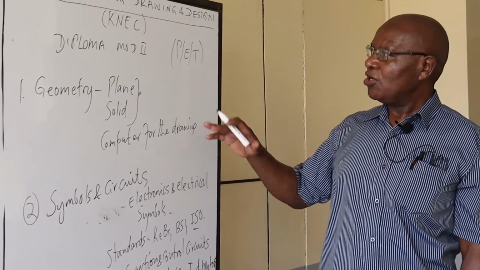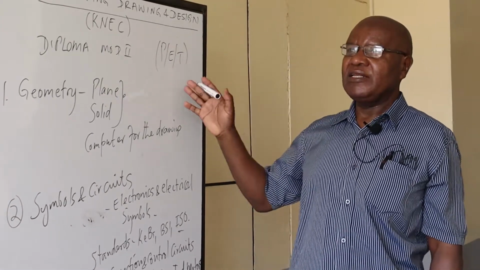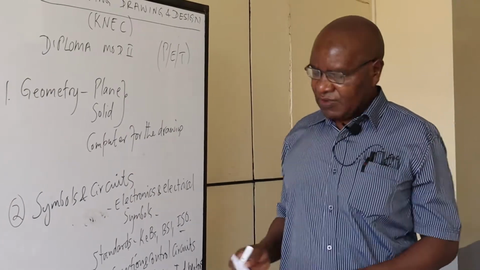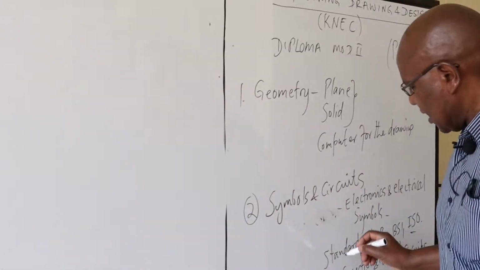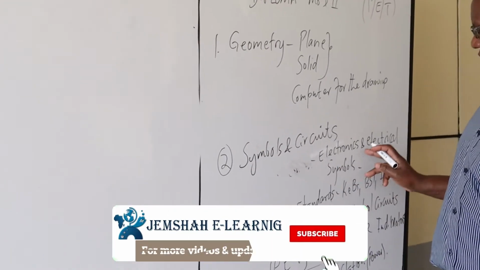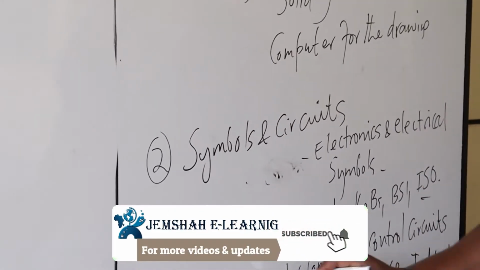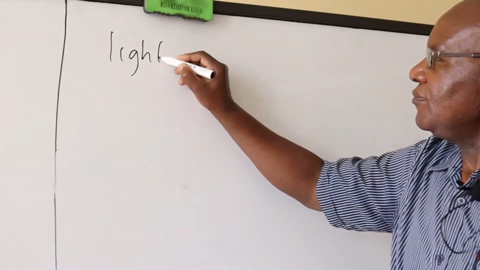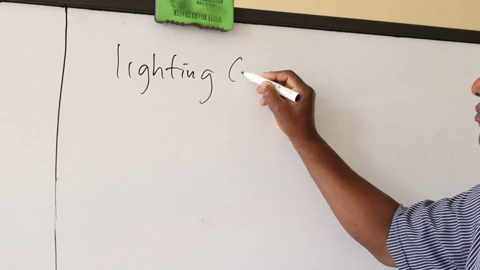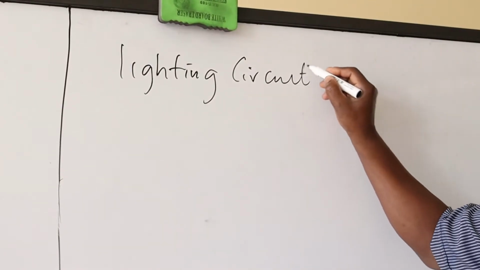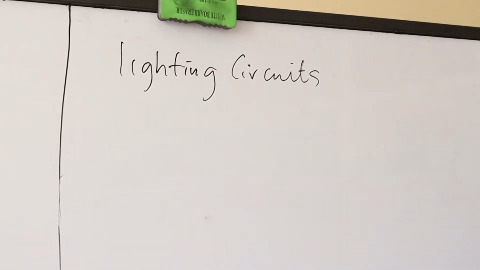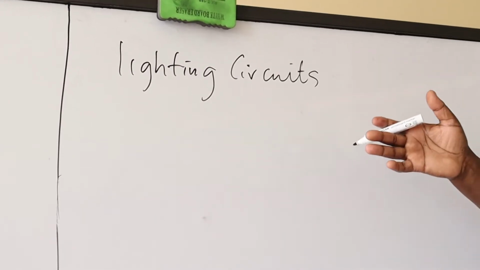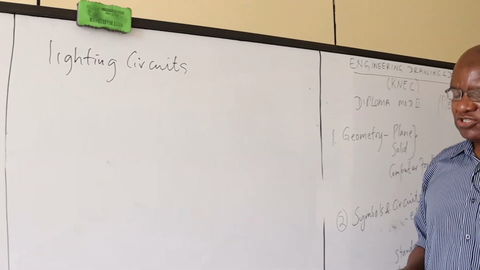Another subject is usually combined with engineering drawing and design for the NEC examination. And then you have lighting circuits. Now that is electronics, symbols and circuits, motors. The next one is lighting circuits. Most of the lighting circuits you will be finding in the industrial installations as well as domestic installations.